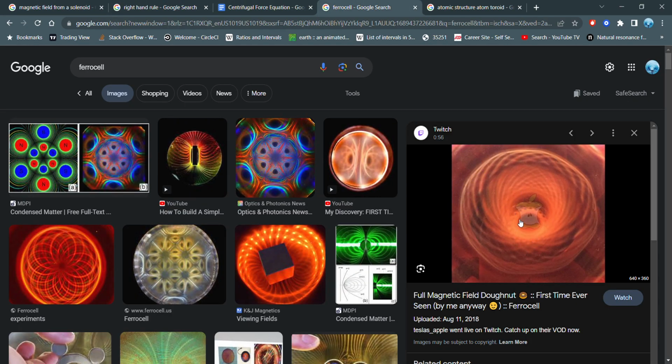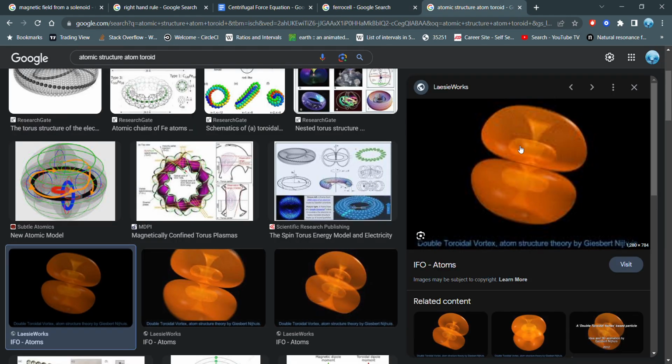Moving onwards, this is what a magnetic field actually looks like in 3 dimensions. It looks like a donut or a toroid that is rotating about an axis, and this is a similar image to what the toroid looks like. You notice here that there are vortices at each side of the magnet, or each side of this bubble.